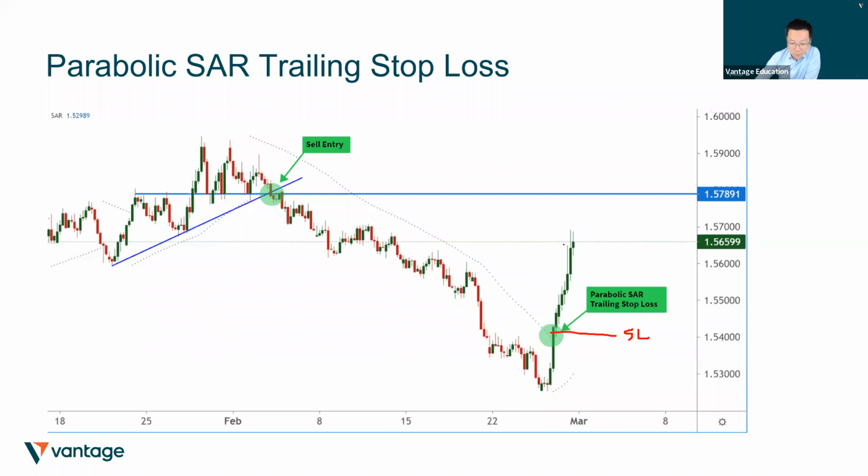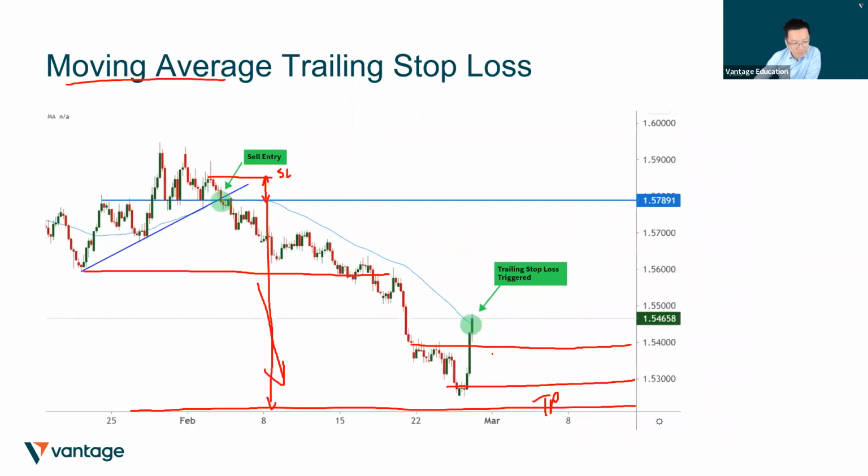What you should realize here is that it's all quite similar. The price levels that we end up closing at on the moving average, scroll back, moving average is about 1.5465.